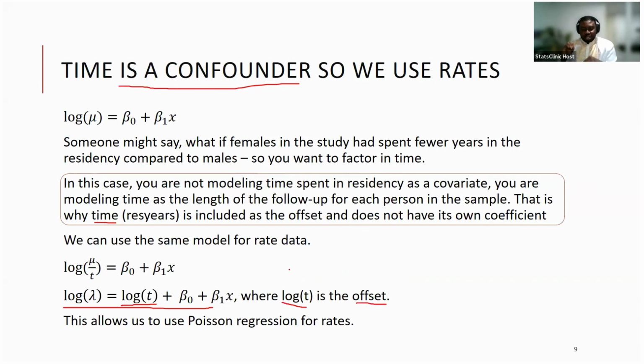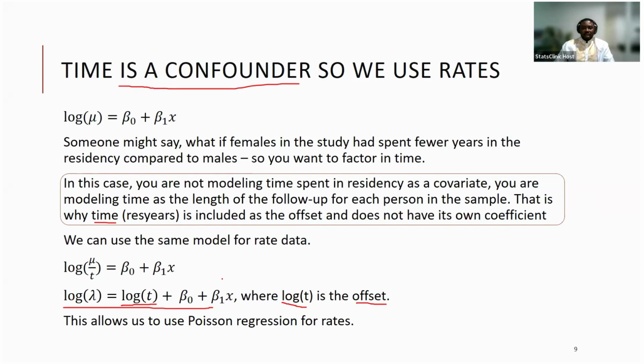So we use a Poisson regression for rates. We have said today that we use Poisson regression for counts data, but once you introduce the time, the number divided by the time is the rate. So we can also use the Poisson regression for the rate. Essentially the same model. This is a model of the log of the rate.